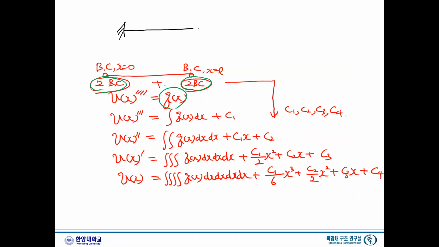This is the beam. We just neglect the thickness. We just represent the beam by a line, and at both sides we have a clamp, and the beam is subject to a uniform distributed load like that.